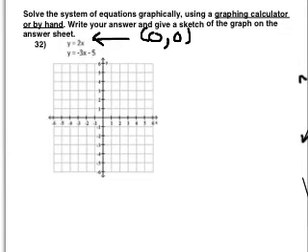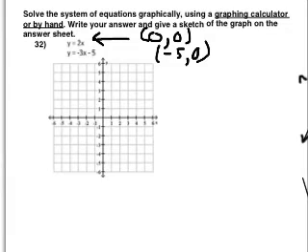And this one here, you put in 0 for x, you're going to get -5, so it would be 0, -5. So you've got those points right away. And if you put in 0 for y, you're going to end up with a fraction, like 5/3. So that's not going to be too helpful. So you can make a table if you want.